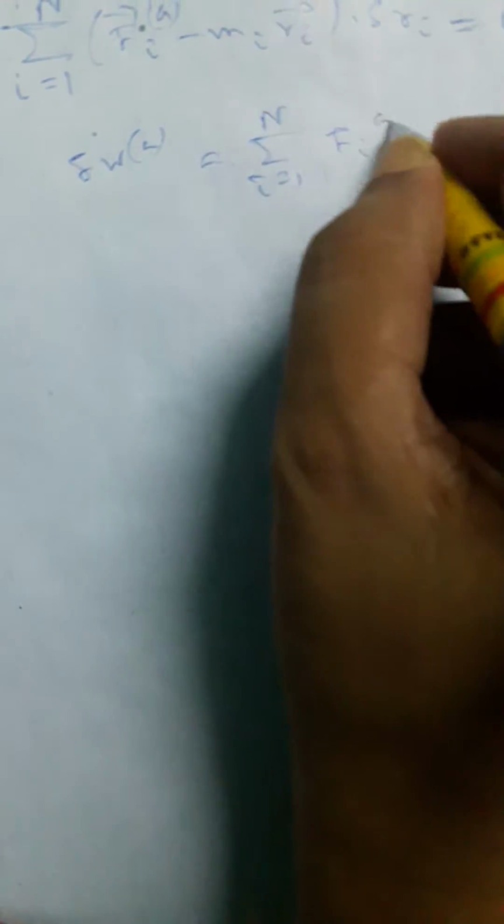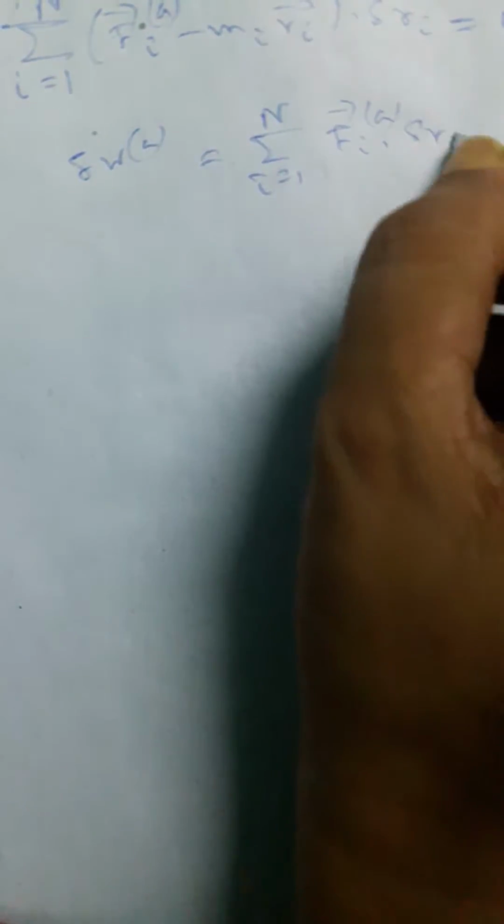Taking it this way, del WA, the work done by the applied forces, is equal to the sum of i equals 1 up to n particle system of Fi^a dot del ri.